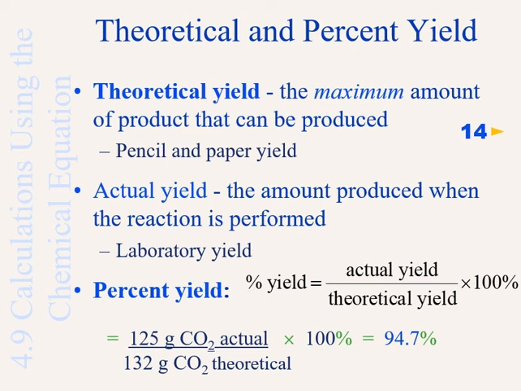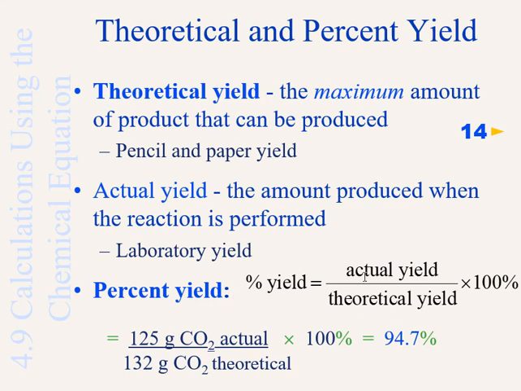In either case, we can test for the exact percent of our product through something called percent yield. We can find out how good our experiment went by finding the percent yield of the reaction.